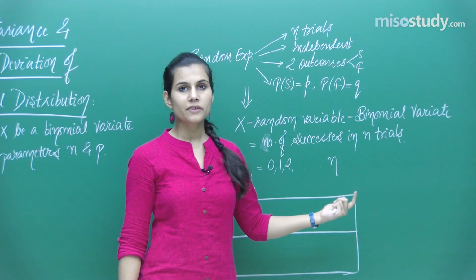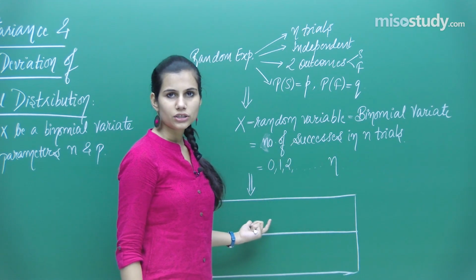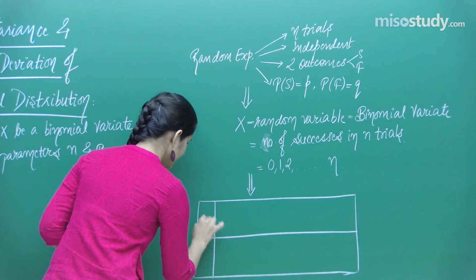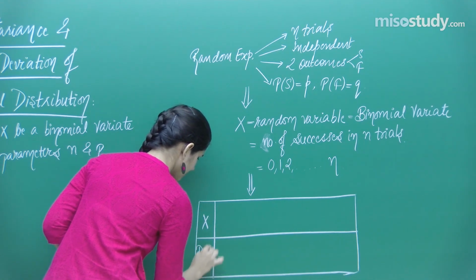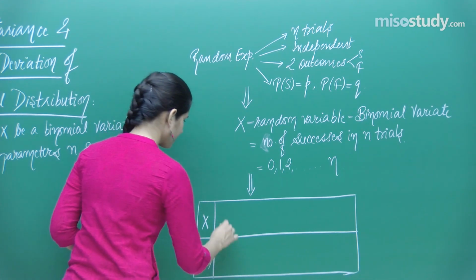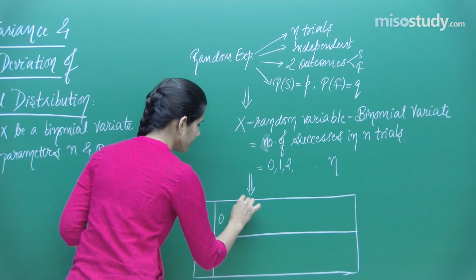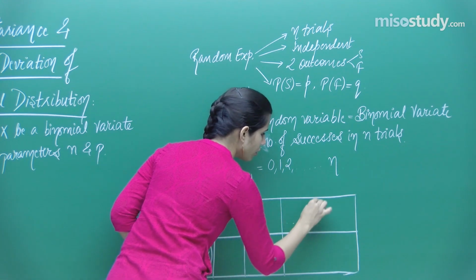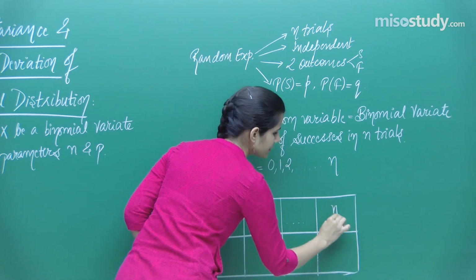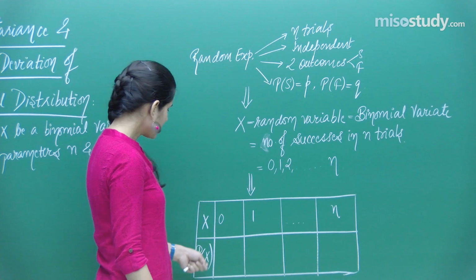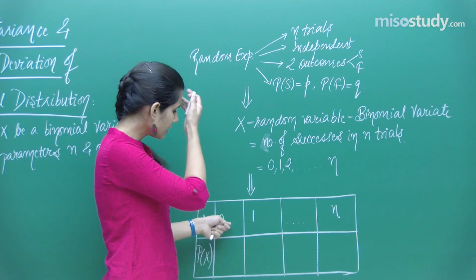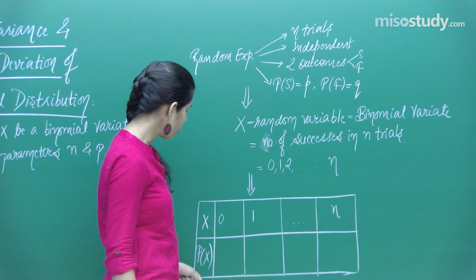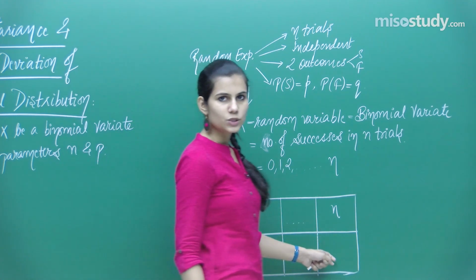So it is going to lead to the construction of a binomial distribution. This is X, this is P(X). X can assume value 0, 1 and so on up till N. The probability of capital X equals 0 is going to come over here, probability of capital X equals 1 is going to come over here, and so on. Probability of capital X equals n is going to come over here.